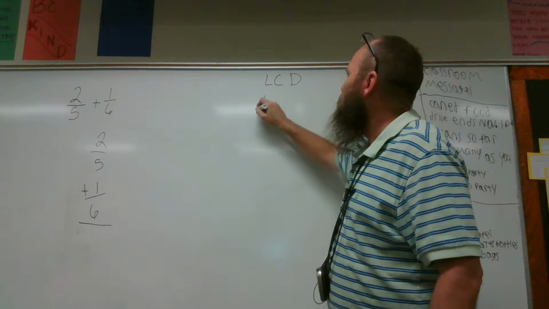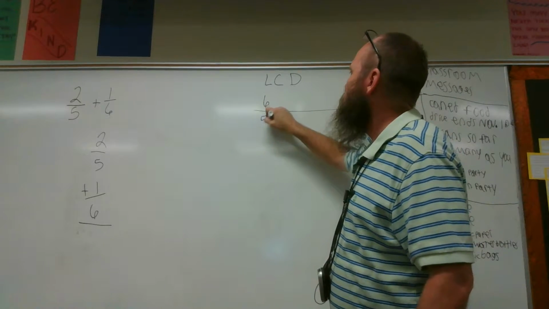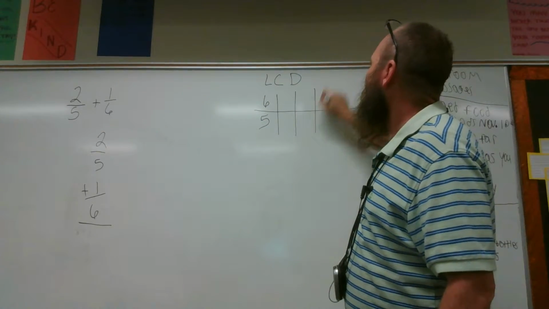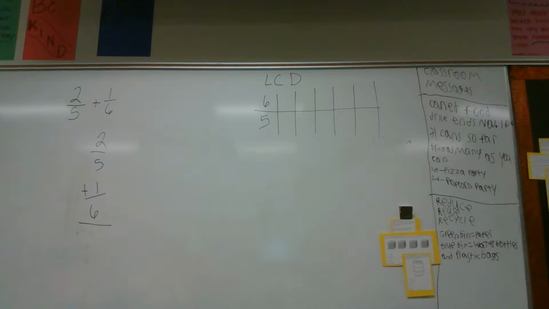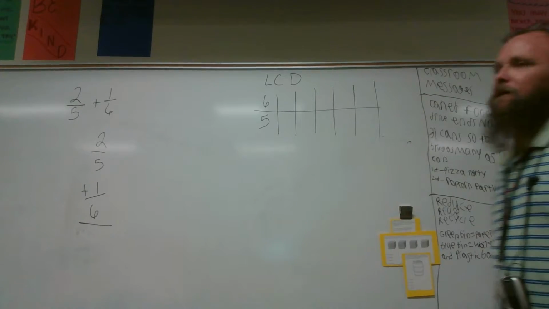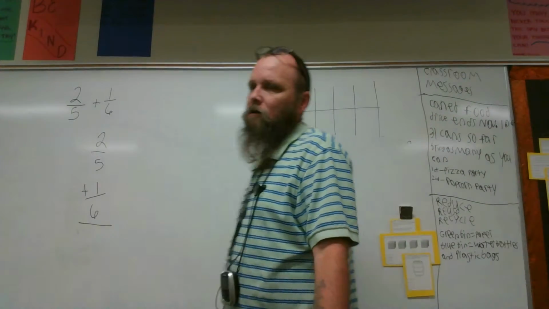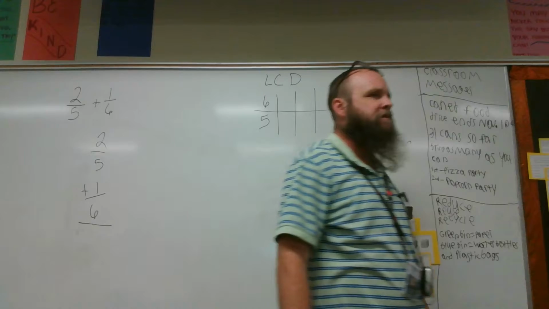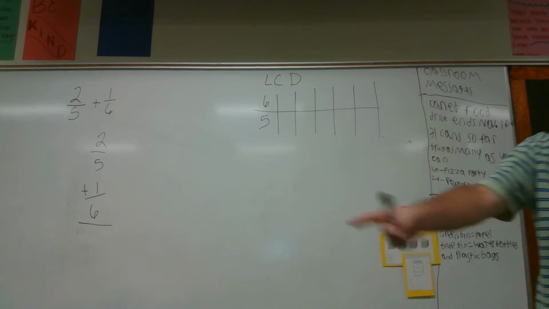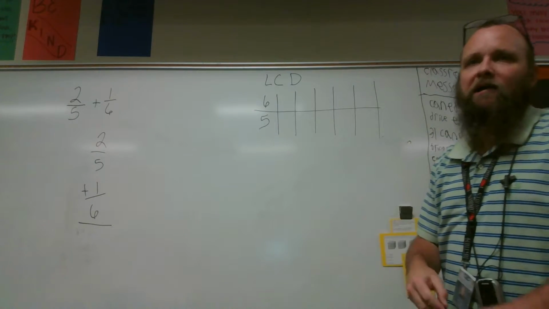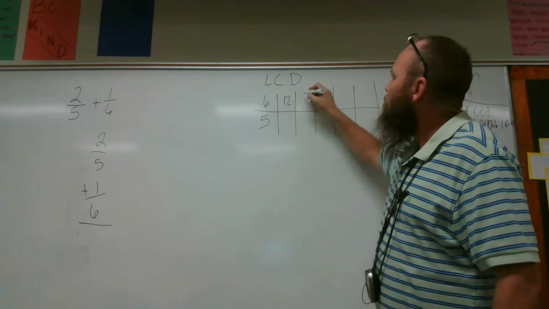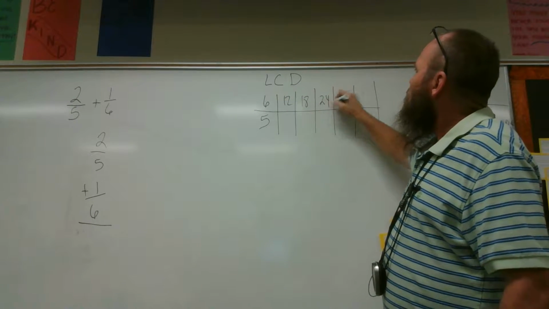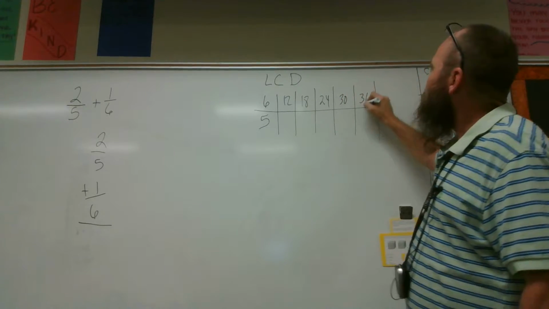So what are my denominators on this fraction again, Ricky? 6 and 5. Now I'm going to list the multiples of 6 and 5. Because your teacher is awesome and he lets you use your multiplication chart, it should be real easy. Kimberly, will you count off by 6s for me, please? 6, 12, 18, 24, 30, 36.